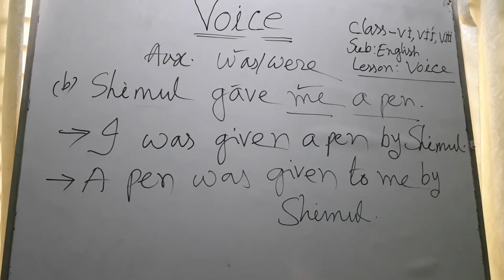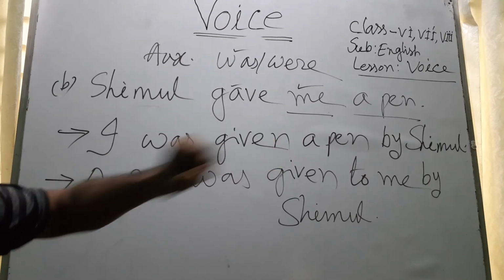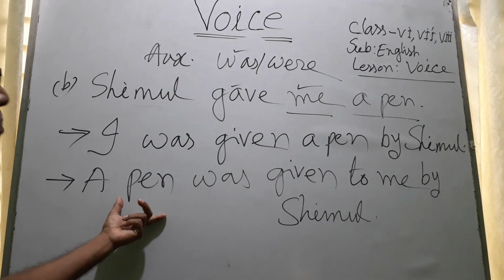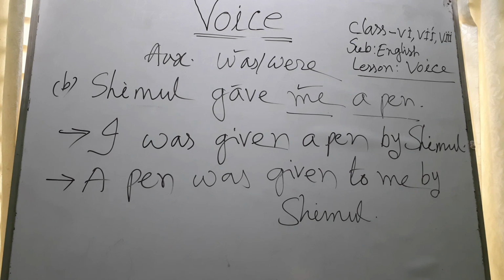Okay, we have seen the two ways of using double object in the passive voice. I was given a pen by Shimon, or a pen was given to me by Shimon. Okay.